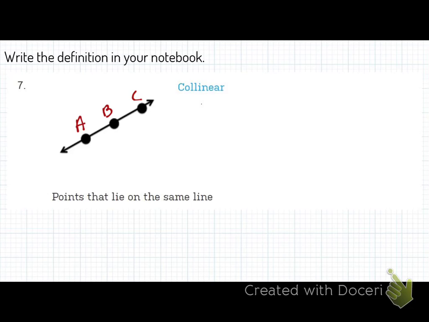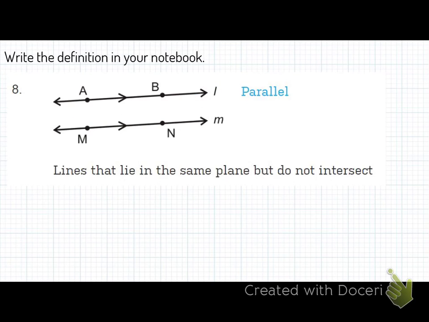Next one, number 8, parallel. You kids probably know parallel, right? Think of train tracks when you think of parallel. So we've got 2 lines here. We could think of this as line L and line M, or you could call this line AB and line MN. There's 2 ways you could call it.